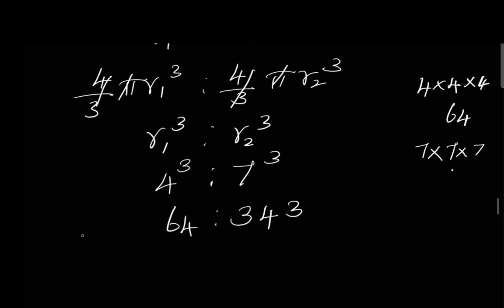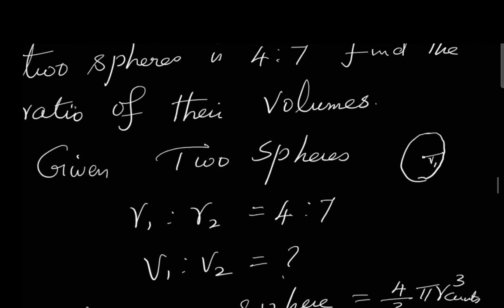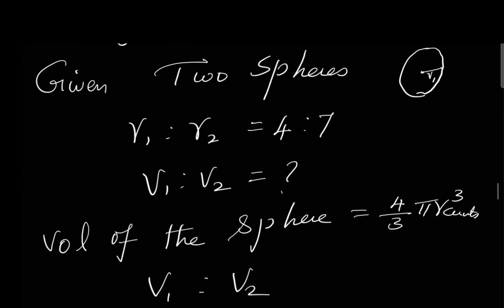So V1 is to V2 is equal to 64 is to 343, the ratio of the two volumes of the spheres. Thank you.